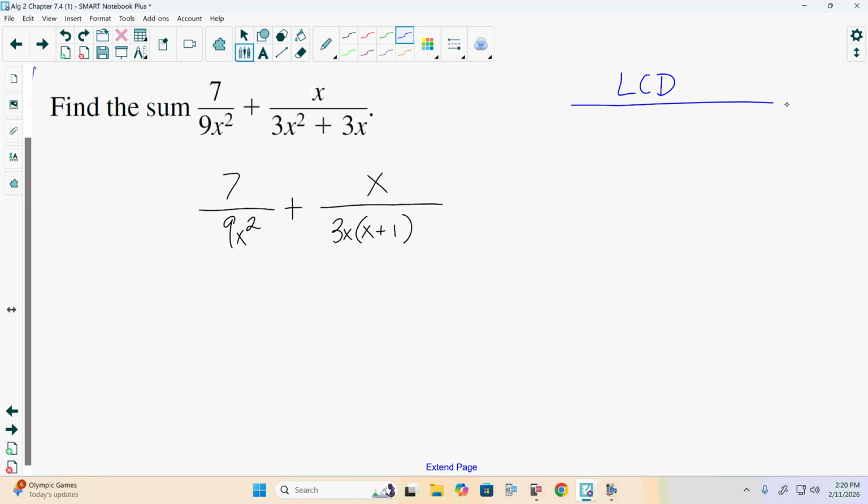Well, if I start with the parentheses, the one on the right has x plus 1 listed once. The one on the left has it 0, so we know whatever is going to make them be the same, we need that x plus 1 at least once. It has to be listed once.